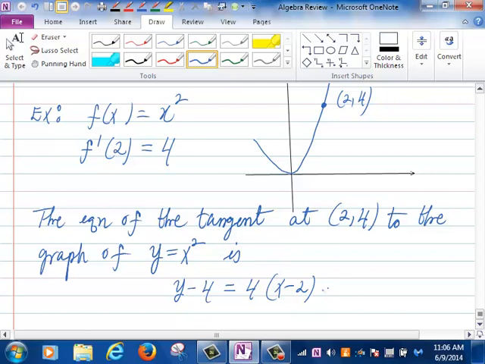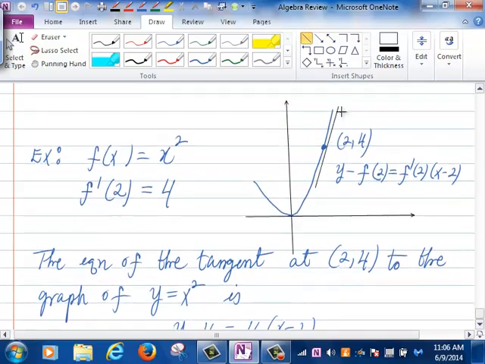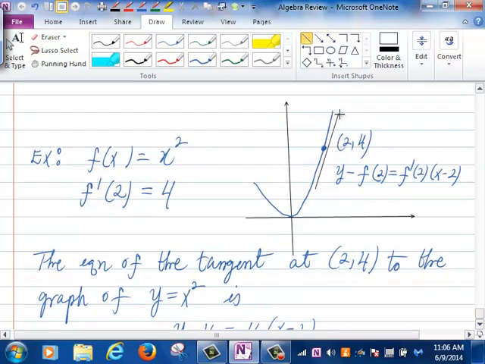Okay, so generally speaking, the tangent at 2 will be y minus f of 2 equal to f prime of 2 times x minus 2, right? That's bad drawing, but let me try to do it myself.